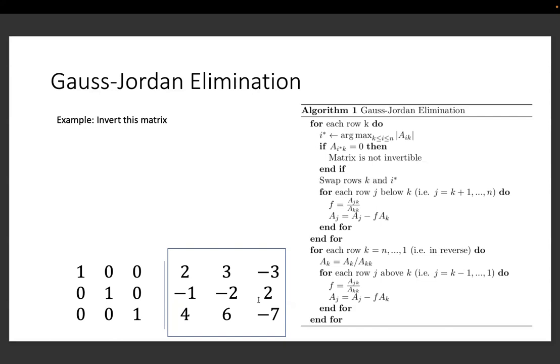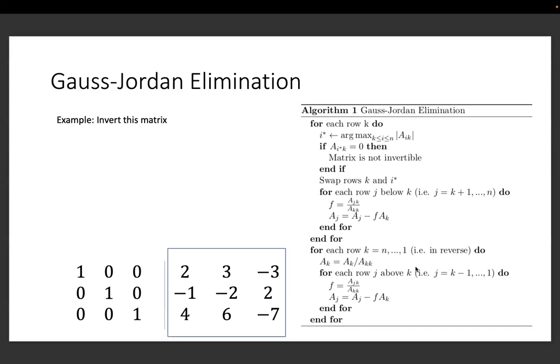But if you already know why we are doing each line of the code, I think it would be easier to find the steps in this algorithm.